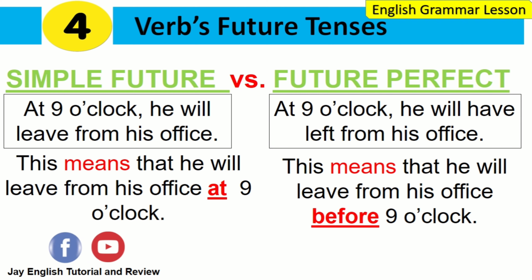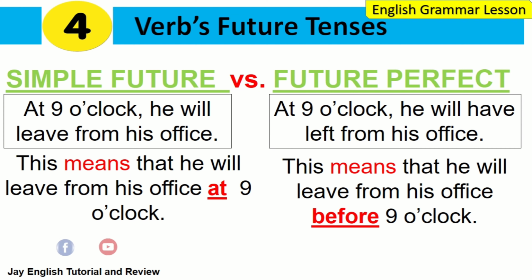If you can see, the meaning of the sentence changes. Okay? From simple future to future perfect. Here in the future perfect, it already means that he will leave from his office before 9 o'clock or between now and this 9 o'clock. If you can see, there is already a difference between the two.